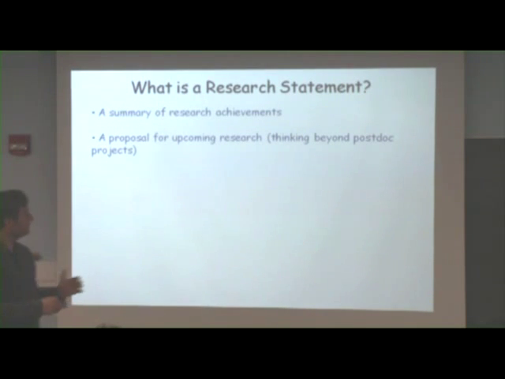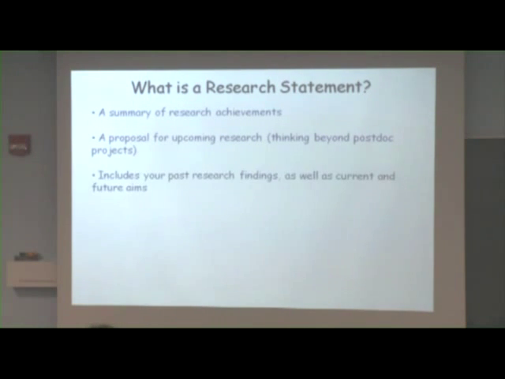So yes, it's good to talk about your current research, which I'll get to in a second, but it's very critical to talk about your future research, something that you're not doing as a postdoc right now. So it does include your past research findings as well as the current and future aims completely.